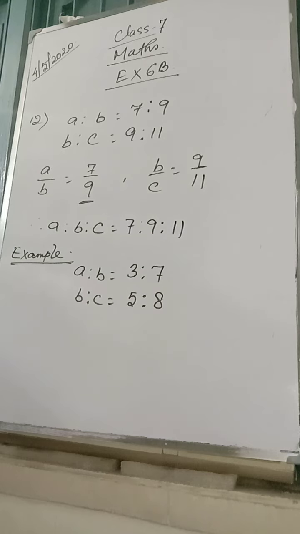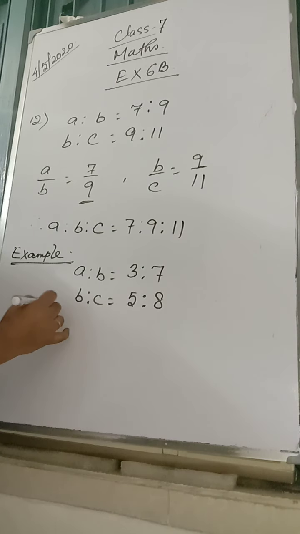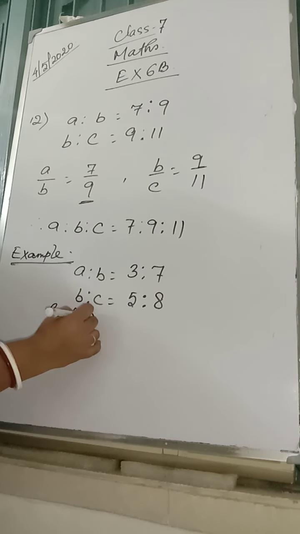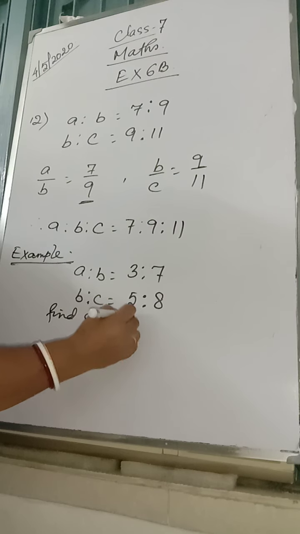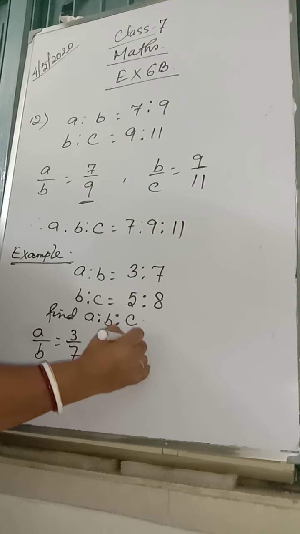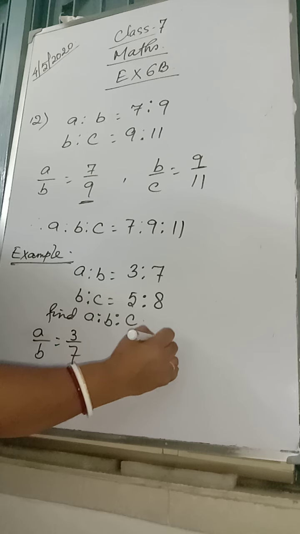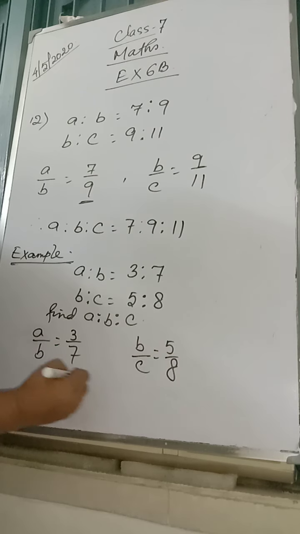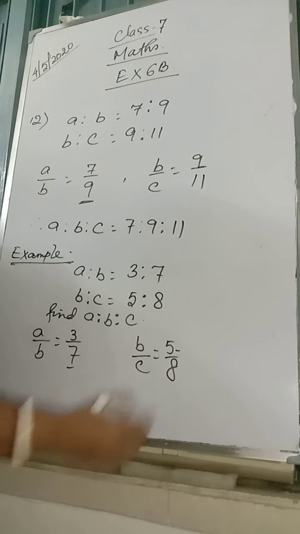Clear? Now find A is to B is to C. Now how to find it? Now see, A by B we have got 3 by 7 and B by C we have got 5 by 8. Now the value of B is 7 and the value of B is 5.